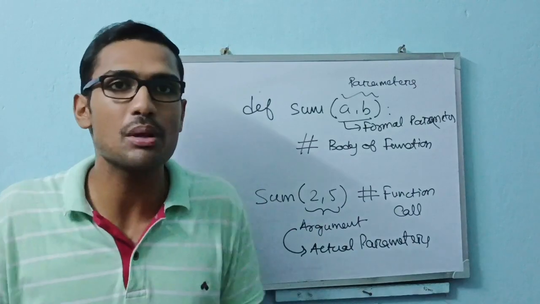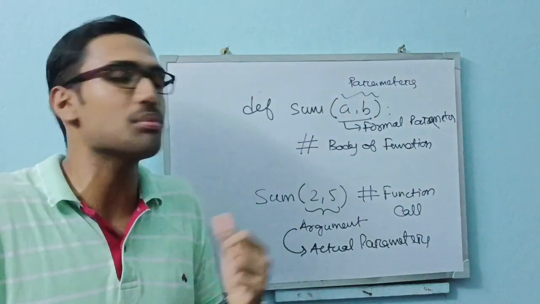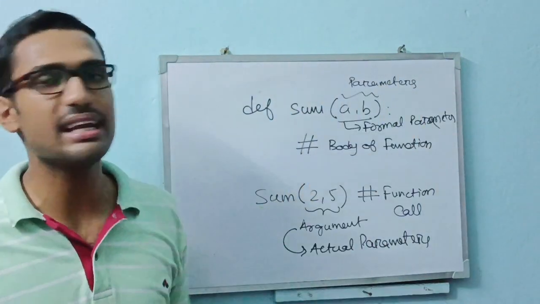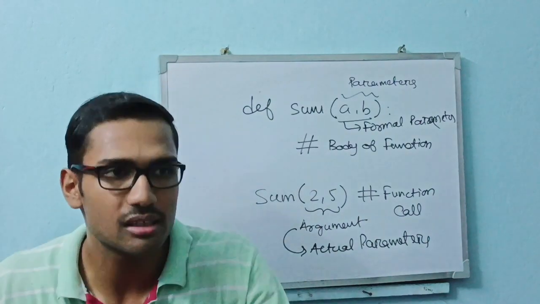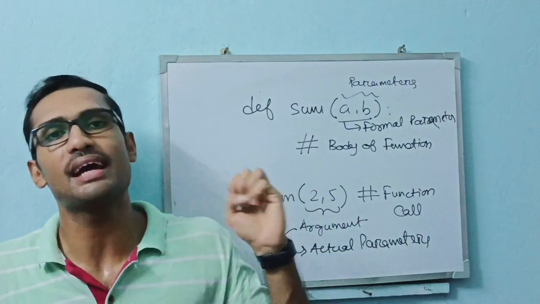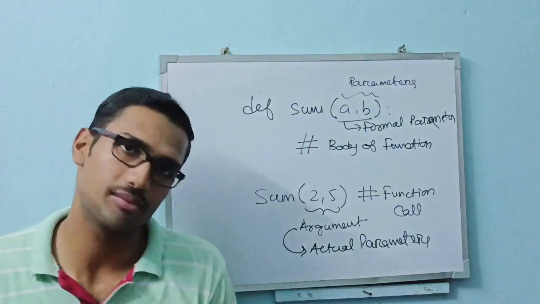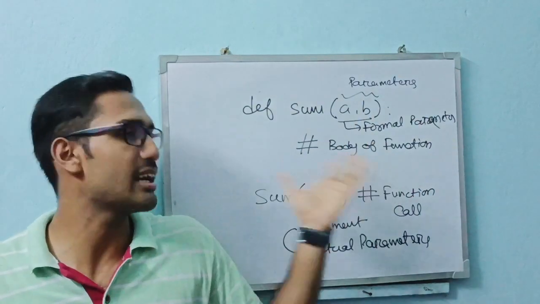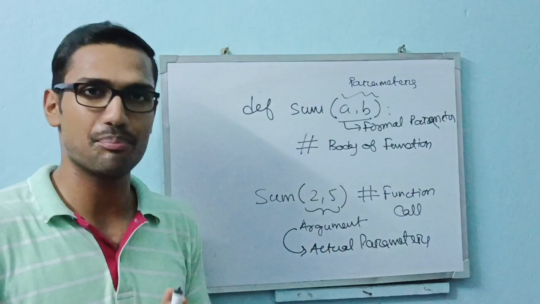Formal parameters are the variables defined in the function header, which receive values from the actual parameters. And for the example, create a function and call that function from main.